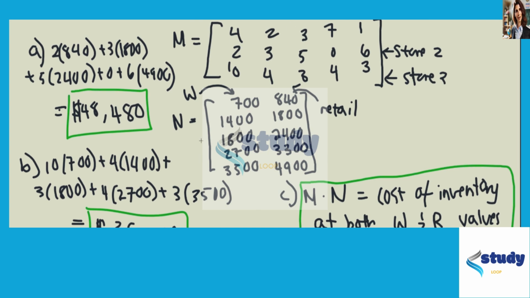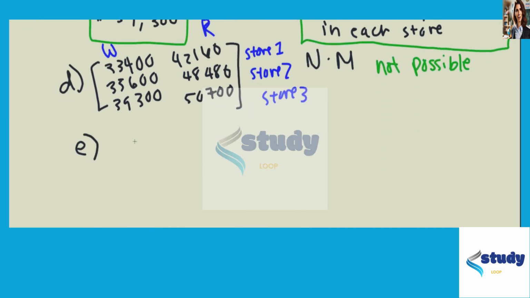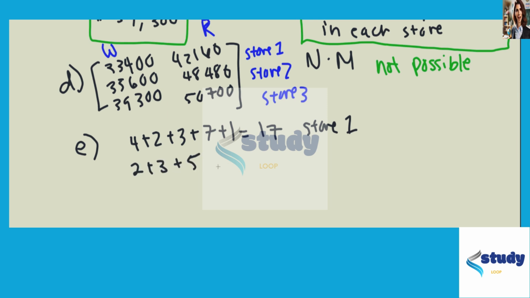So this is equal to 4 plus 2 plus 3 plus 7 plus 1, which is 17 at store 1. Store 2 is 2 plus 3, which is 5, plus 5, which is 10, plus 6, so this is 16 at store 2.